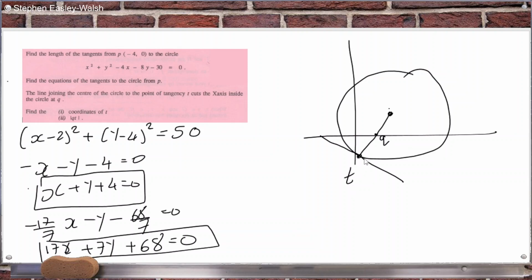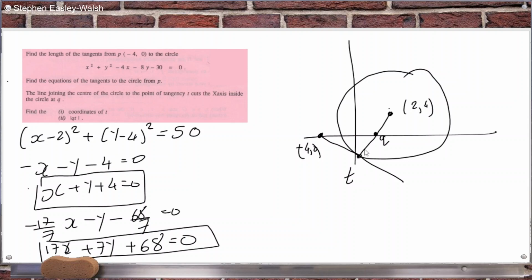Okay. So I have this point here, minus 4, 0. I have this point here, 2, 4. Try to find Q here.